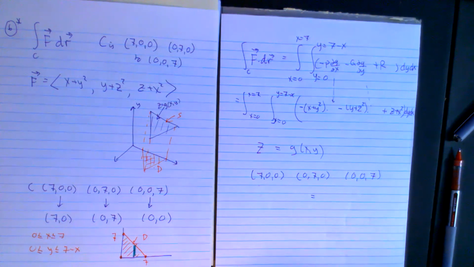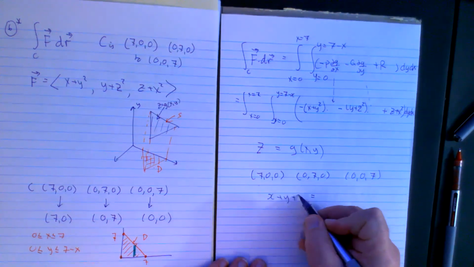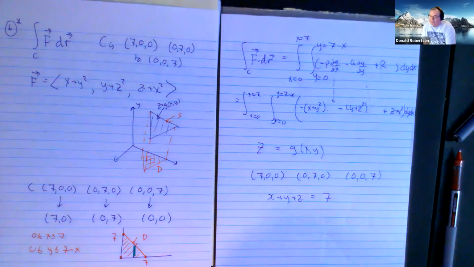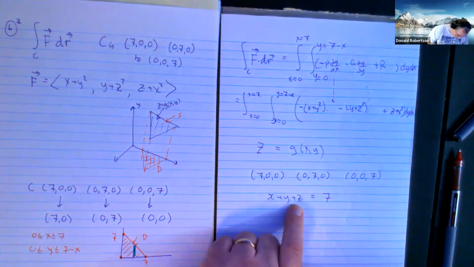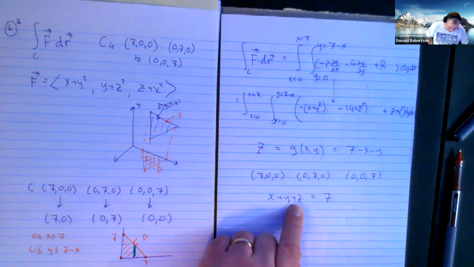Am I oversimplifying it and thinking that it'd be x plus y plus z equals 7? You are not. That's exactly what it is. Otherwise, you'll have to do a whole load of work to find it. Now, if you rearrange that, doesn't it now become 7 take away x take away y?